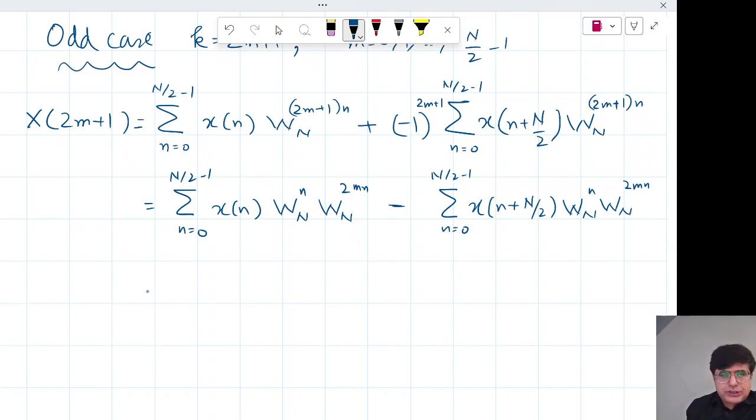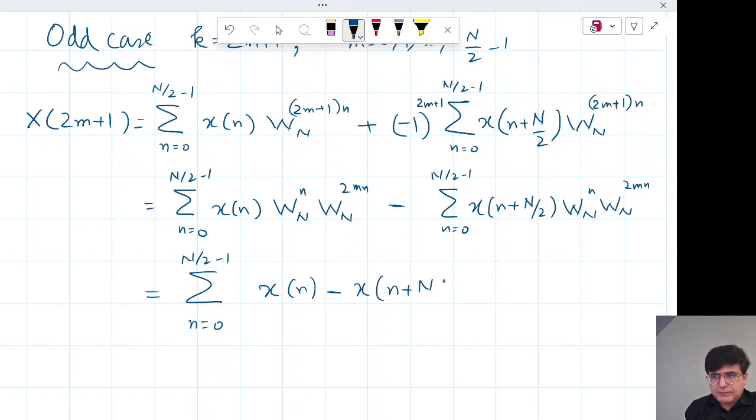So then I can just combine them together, n going from 0 till N/2 minus 1, and then I have x of n minus x of n plus big N over 2, and then I just took w subscript N to the power n and w subscript N to the power 2mn common.